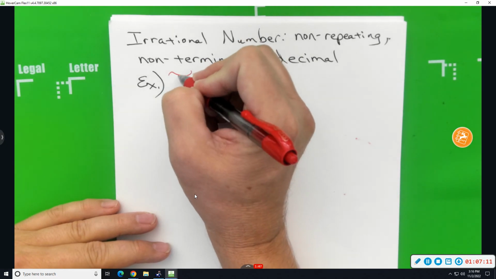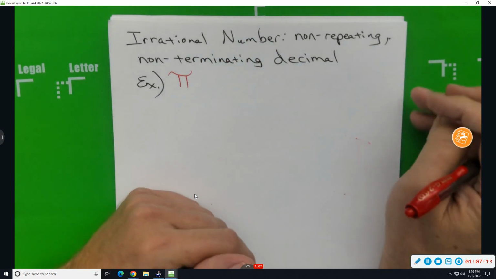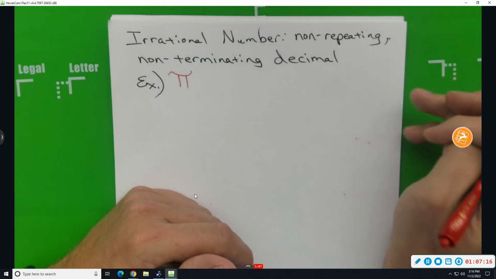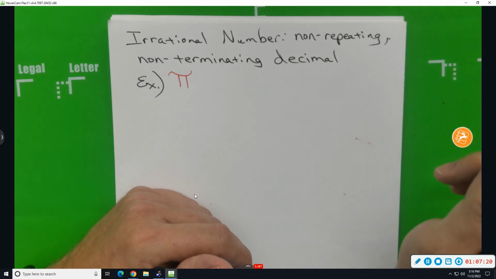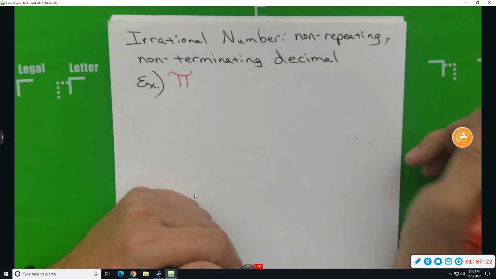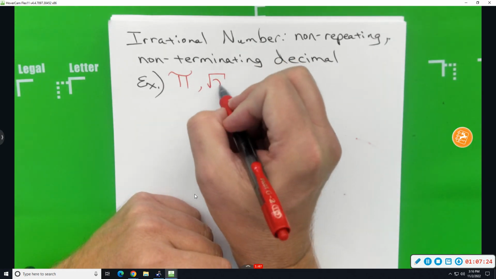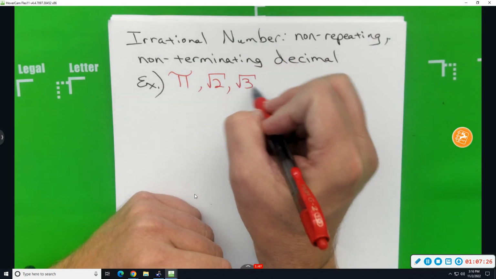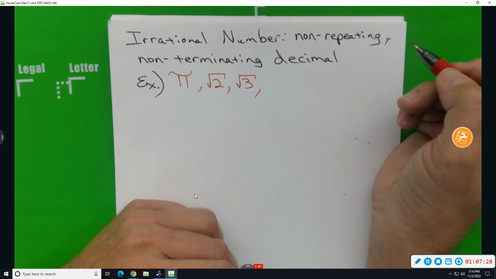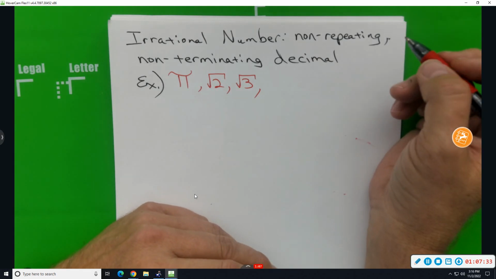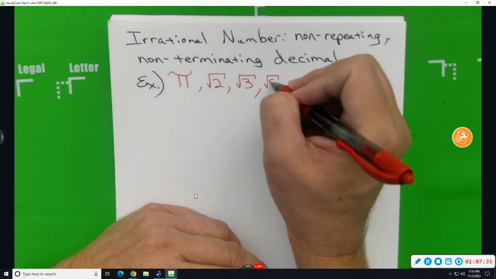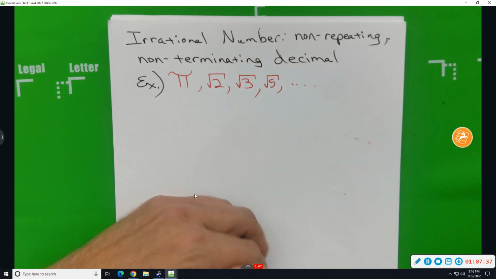Maybe pi. But it turns out any square root that's not a perfect square is an irrational number, something like the square root of 2 or the square root of 3. What about the square root of 4? Is that irrational? No, the square root of 4 is 2. That's a rational number. The square root of 5 would be irrational, and so on.